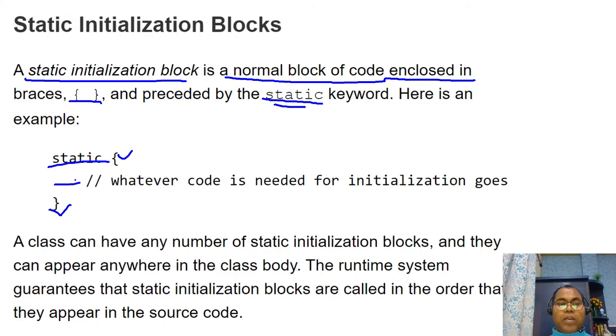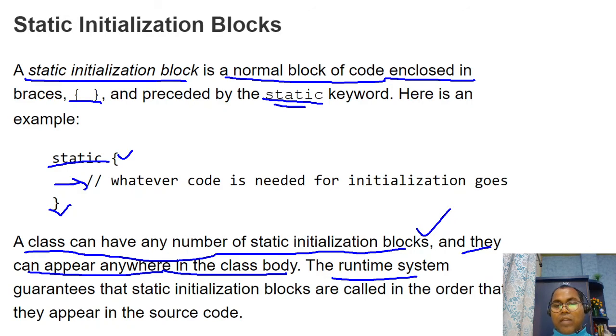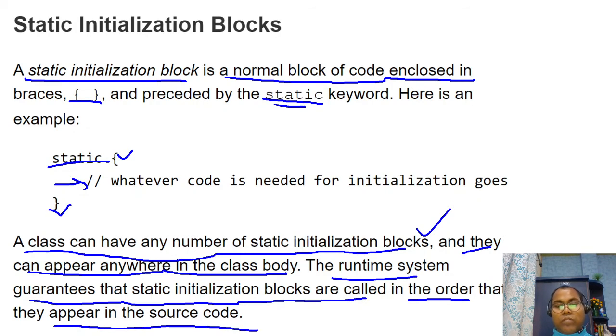Here you can initialize your static data member. A class can have any number of static initialization blocks, and they can appear anywhere in the class body. The runtime system guarantees that static initializer blocks are called in the order they appear in the source code.